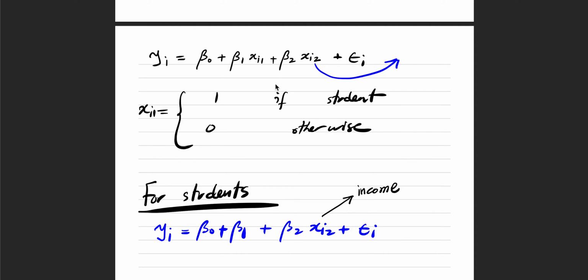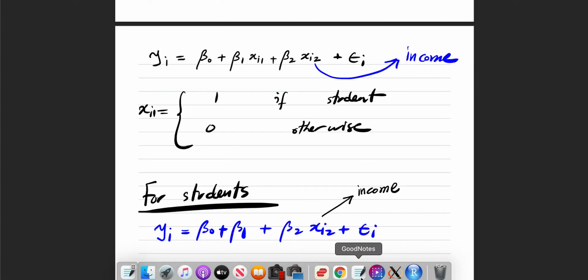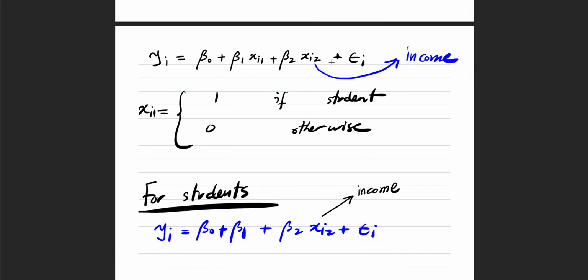So the response here is balance against income and status. Let's say xi2 is the income of the ith individual, and xi1 is the status, whether student or non-student.